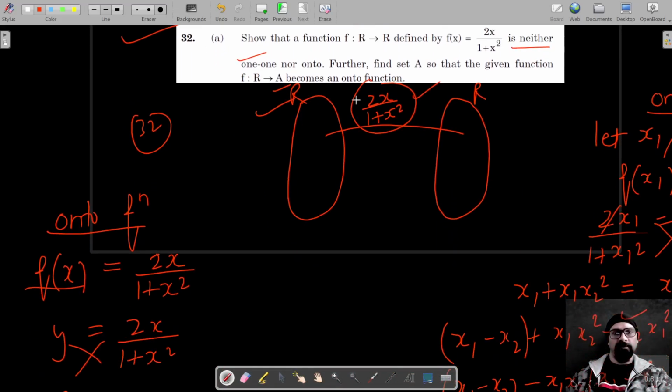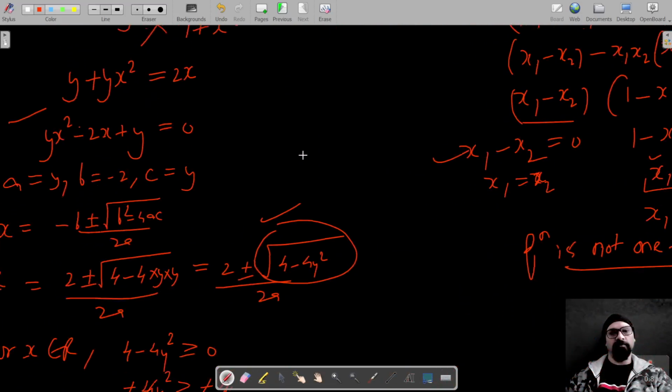So for the set A for which this function becomes onto, this set A should be -1 to 1. For all values between -1 and 1, including -1 and 1, there is always a pre-image x. That is, for every value of y in this set, there is always an x and this function becomes onto.